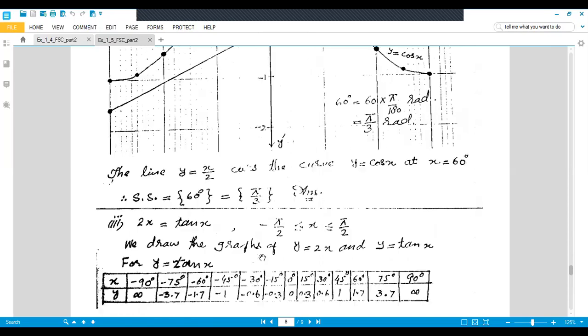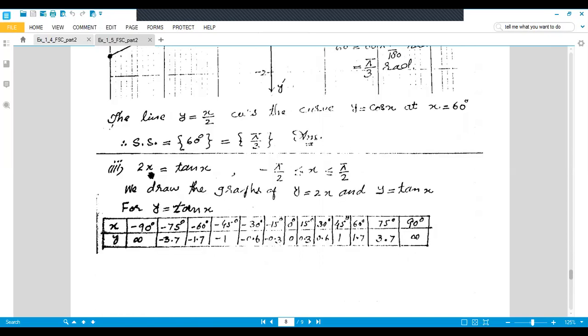In the same way, you have to do the last part: 2x equals tangent x. For tangent, the interval is from minus pi by 2 to positive pi by 2, from minus 90 degrees to positive 90 degrees, because tangent x lies in this interval. So y equals 2x and y equals tangent x. These are the two equations for which we find the table.